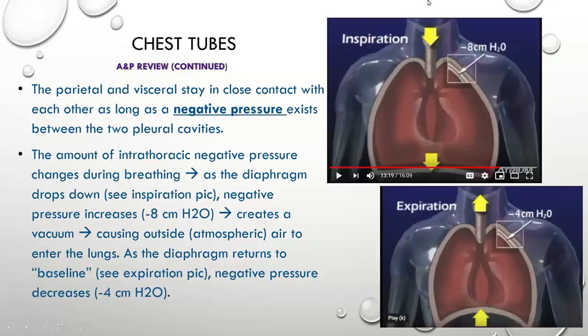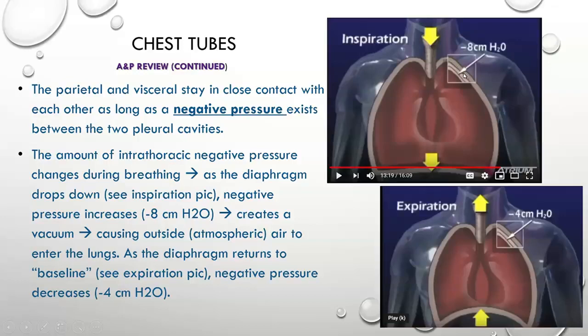Now, as I said, the parietal and visceral pleura stay in close contact as long as there's negative pressure in the intrathoracic cavity. So negative pressure must exist for those two pleural layers to stay together. And the amount of intrathoracic negative pressure will change during breathing.